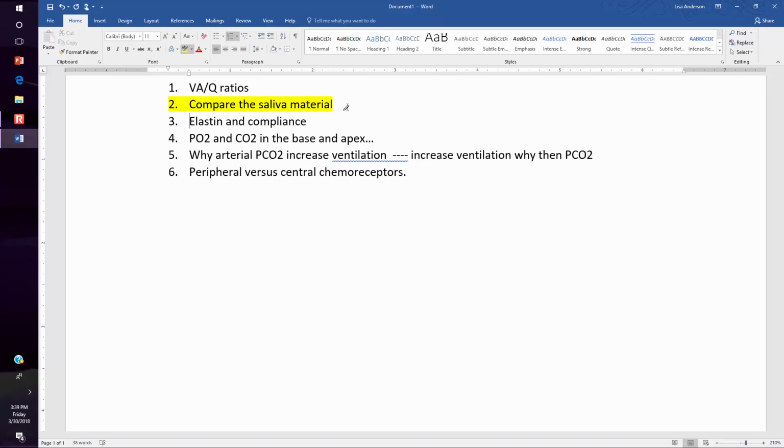Number two. So this is one. Number two, these cells are going to have some kind of receptor. And so, for example, an M3 receptor, acetylcholine from the parasympathetic nervous system.